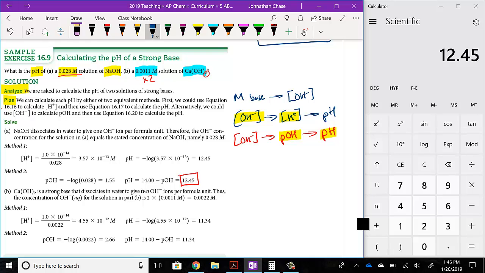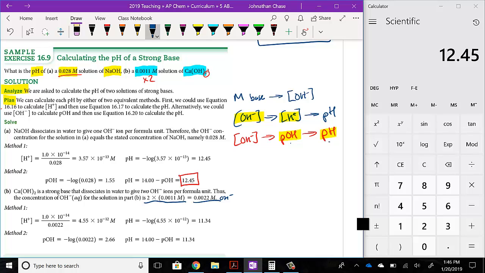In the second situation, we're using calcium hydroxide. So remember, you're going to have to double the original concentration. And we're going to start with 0.0022 molar hydroxide ions to begin. Now I will again say please follow the method that allows you to do the least complicated math. Go pOH to pH.